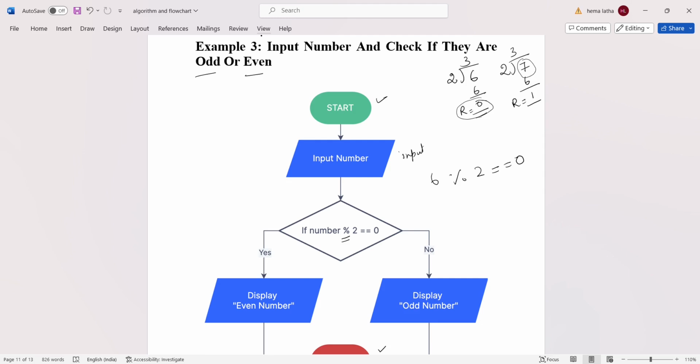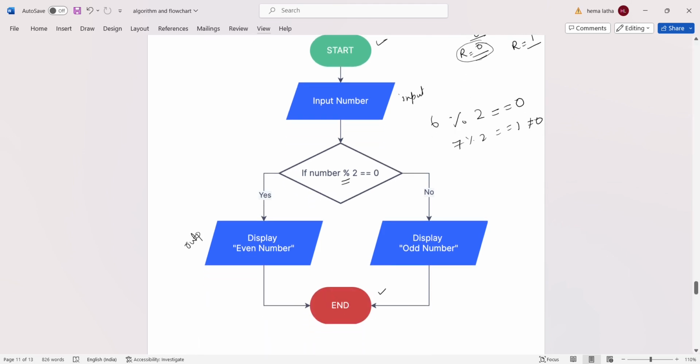The condition being checked here is whether number modulo 2 is equal to 0. If it is yes, then display even number. This is output, right? Displaying means output. If it is not equal to 0, for 7 it will be equal to 1, so it is not equal to 0. Then it should display odd number. So this is also a parallelogram symbol. In that way the flowchart can be created for this program.